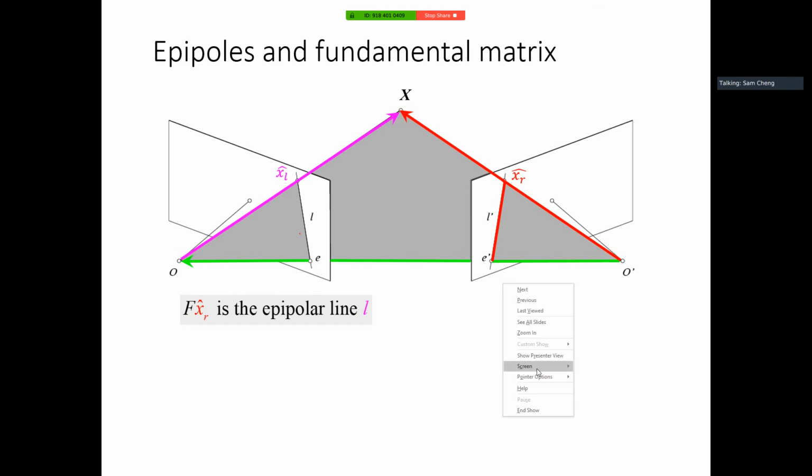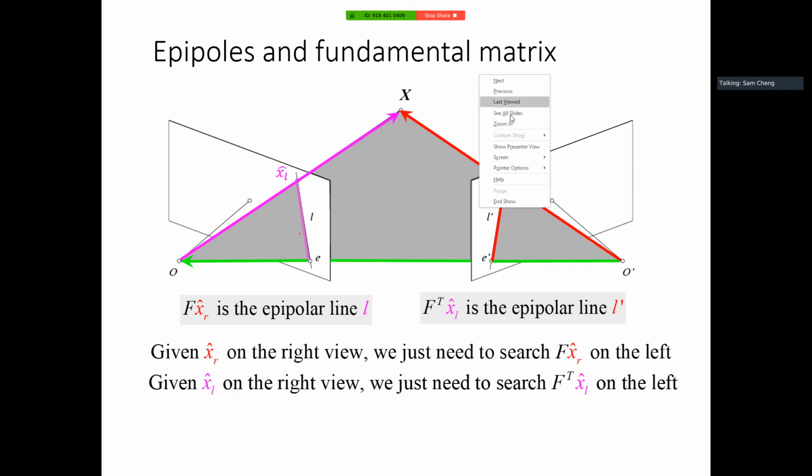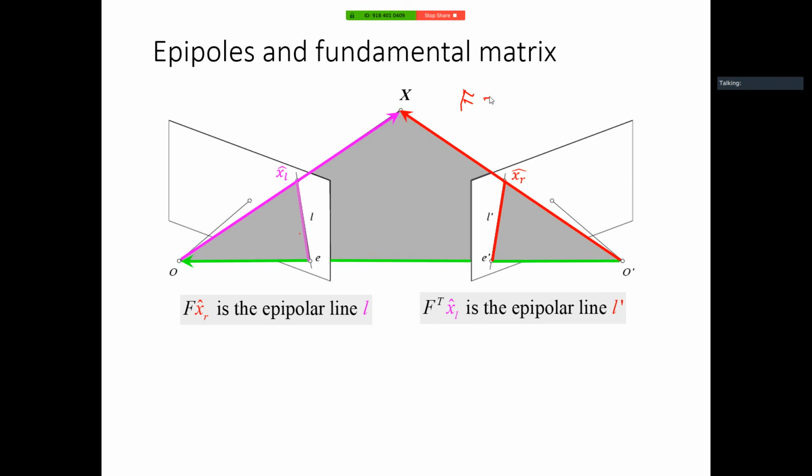Maybe I write it down here again. So the fundamental matrix is given by KL transpose inverse multiplied by E multiplied by K inverse, something like that.